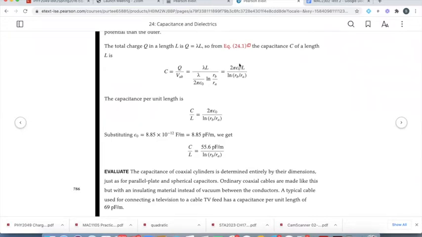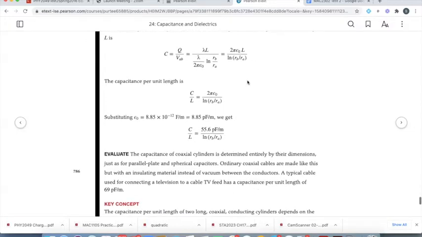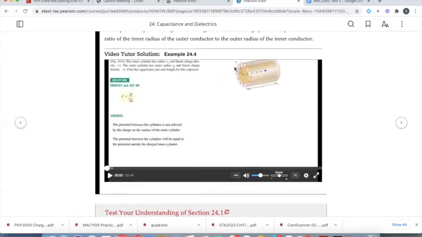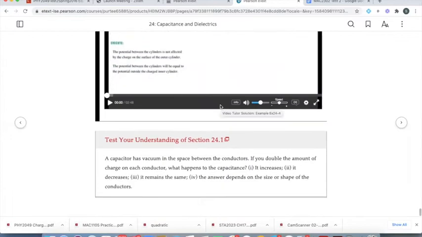Again, it depends only on the geometry. Capacitance is a function of geometry. It depends on the length of your cylinder and then the two different radii of your two cylindrical conductors. And again, you can watch these videos. These are not bad.